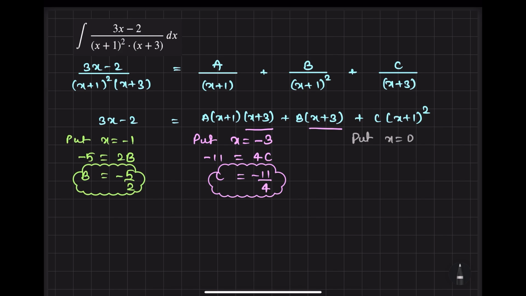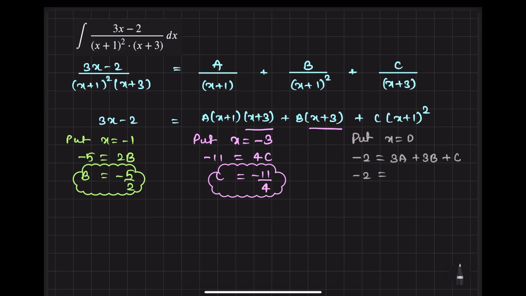Okay, so in LHS we will have minus of 2, and in RHS we will have 3a plus 3b plus c. Correct? And you know some of the values. You have to find the value of a now. Look at this.